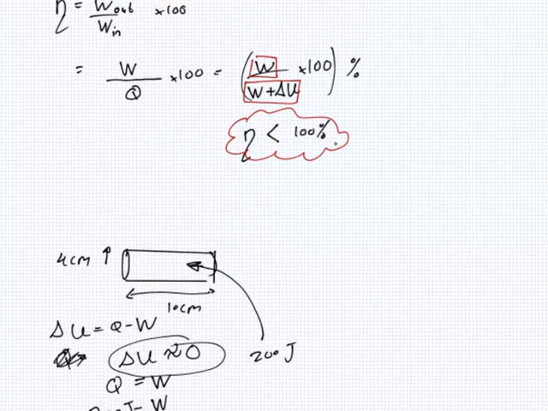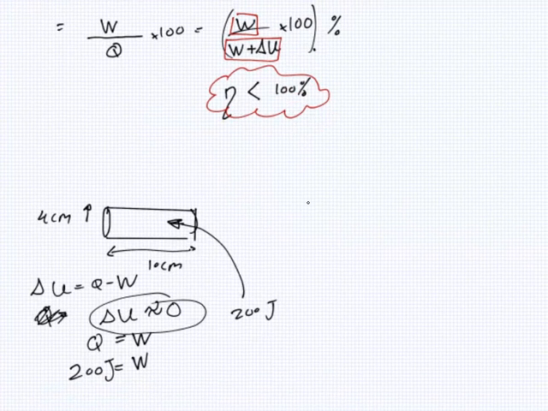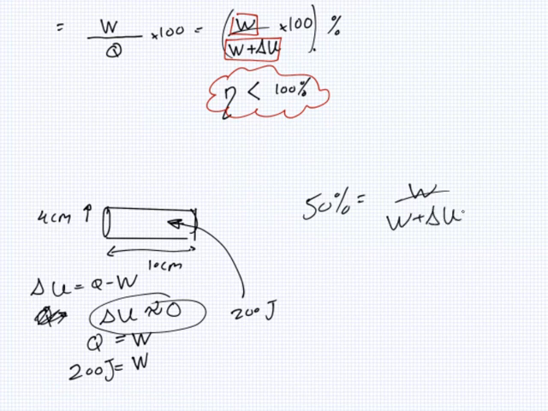So if you think about it, that formula we just got previously would be useful. So now I have 50% equals work over work plus delta U times 100%. If you rearrange this, you'll get basically W equals delta U. Just by solving this, you'll end up with this result. So we know that W equals delta U, and what were we looking for?